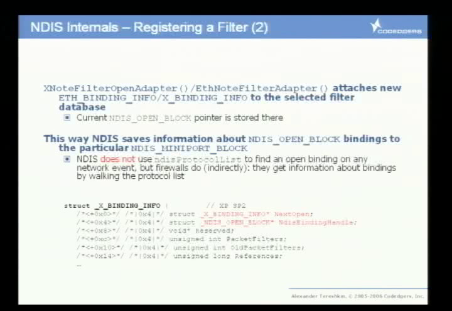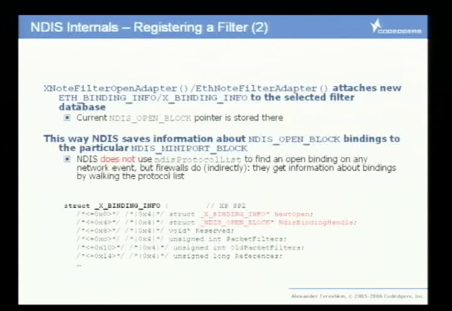So you see that NDIS does not use the protocol list to find an open binding on any network event. But firewalls think that it does.